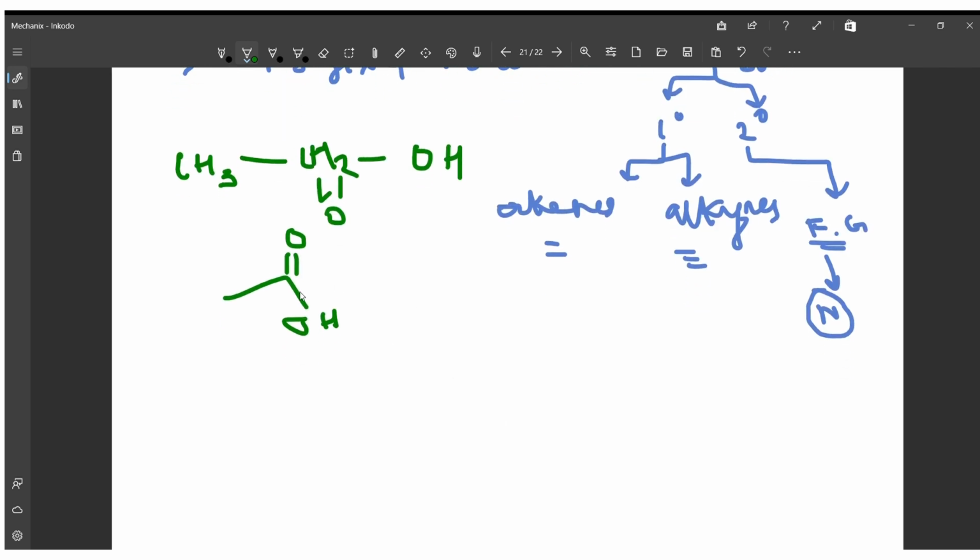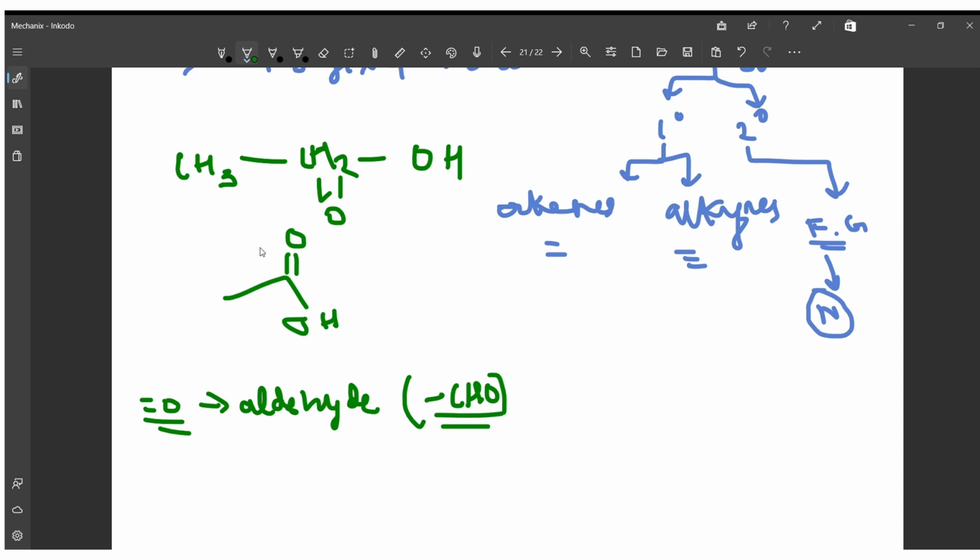So this double bond O actually states that we have an aldehyde group in our particular compound. Aldehydes are compounds which have CHO as the substituent. As you can see, it's a double bond O, not a CHO.